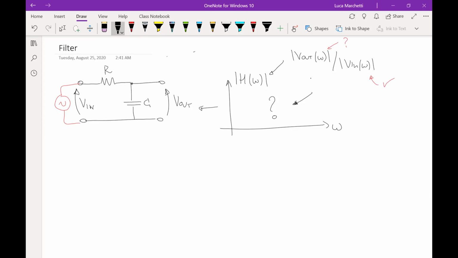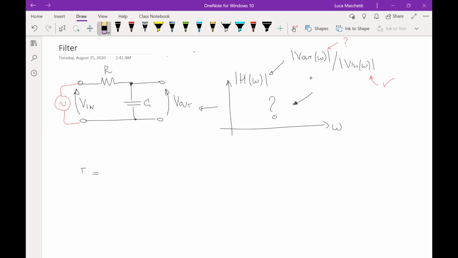Remember that when you analyze a circuit, always start from the output. Don't start to write a bunch of formulas for no reason. Always start from what you need to find. So the output of this circuit is derived from the knowledge of electricity. When you have a sinusoidal signal, we have to use the impedances.